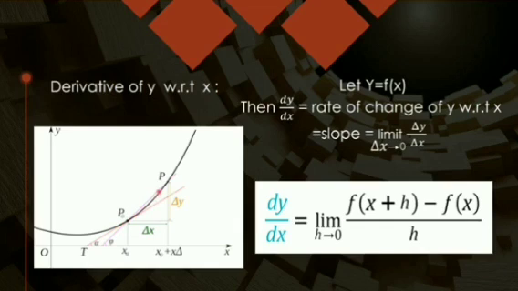Similarly here also I am taking two values that will give me delta y, but y is dependent upon x. So if I take the function at x plus h minus f of x, the initial value, divided by that difference h, and that difference h is tending to 0, that gives me the derivative of y with respect to x.